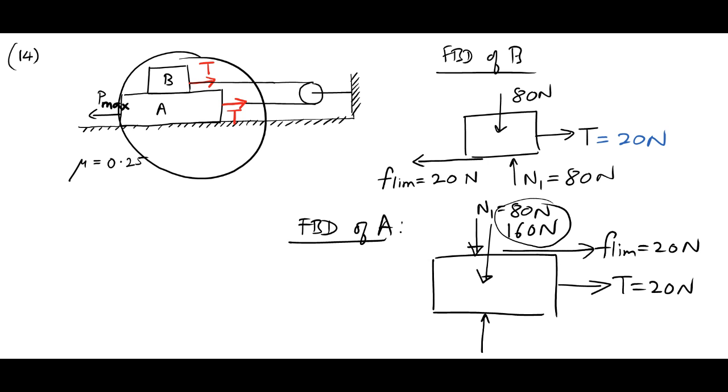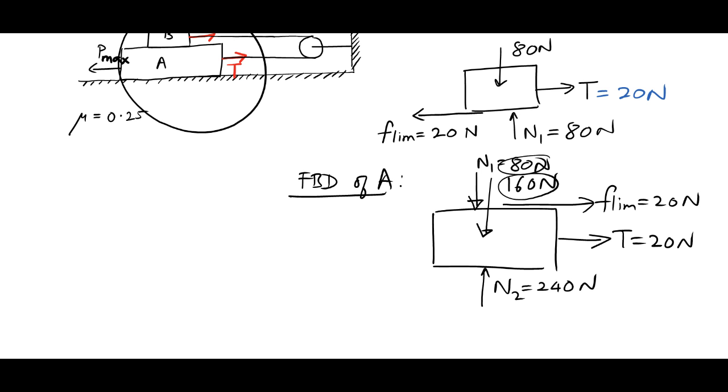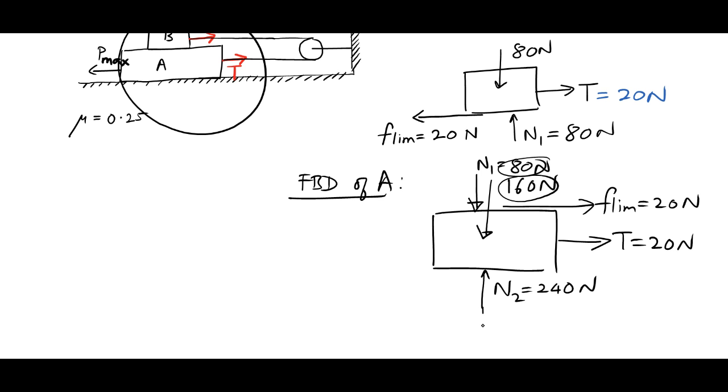That's by sigma Fy equal to 0. So this normal reaction, I'll call it N2, must be 80 plus 160, that's 240 newtons. If you want, you can show the arrow a bit bigger, because technically it must be bigger than the arrow corresponding to 160 newtons.